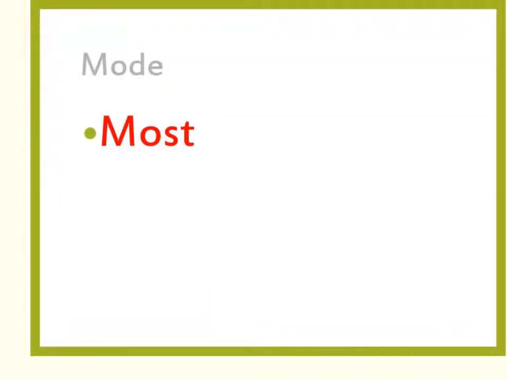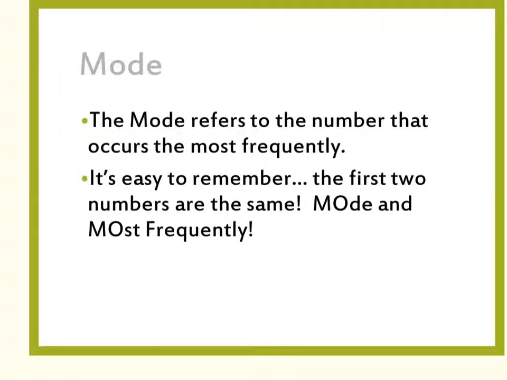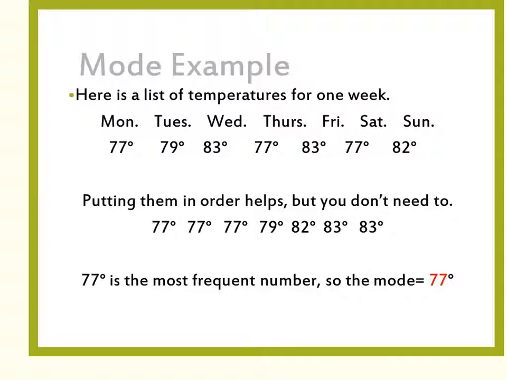Another way of looking at the average is to use the mode. Now, mode means most, the most frequently used number in the list of data. Here's a list of temperatures for 1 week. If you put them in order from smallest to largest, it's easier to see which number occurs more often than any other number, but you don't have to put them in order.